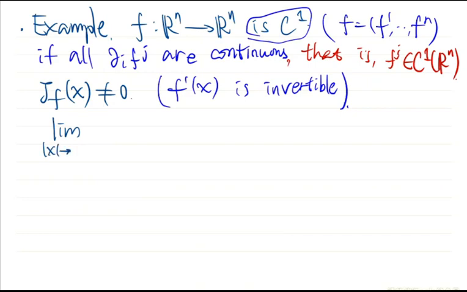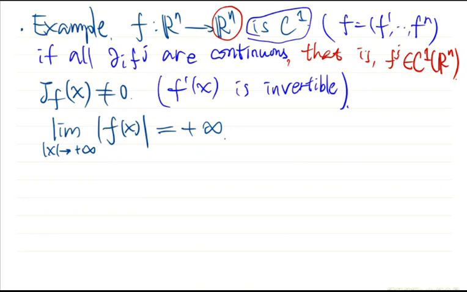And also assume that as the norm of x goes to positive infinity, the norm of F(x), because F(x) is an element in Rn, therefore we need to take the norm to obtain a number, also goes to positive infinity. So we have three assumptions.